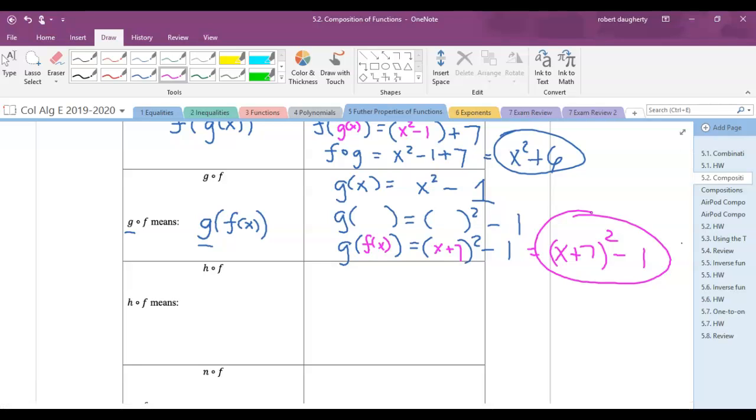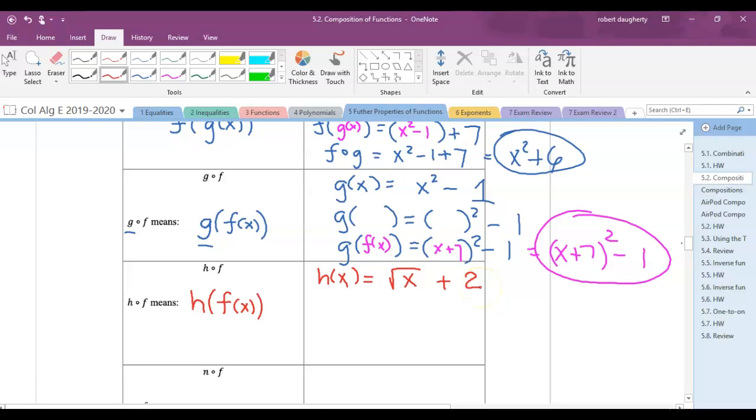Okay, h composition f. What does h composition f mean? Yeah, it means h of f of x. Okay, what's my next step? Which one do I write down? Yeah, h of x. What is h of x in this problem? Is it square root of x plus 2? Okay.